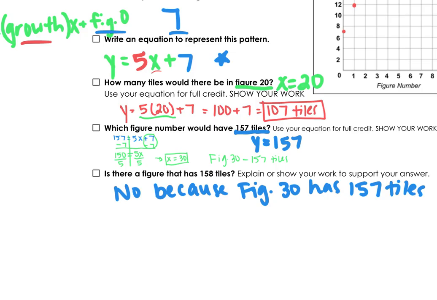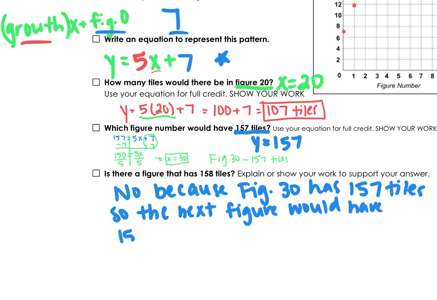So the next figure would have 157 plus 5 tiles, which is equal to 162 tiles. And this is discrete, right? So I can't have any information in between those two figures. It just doesn't make sense.